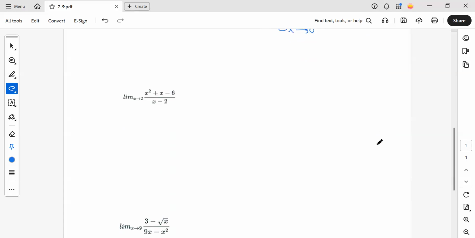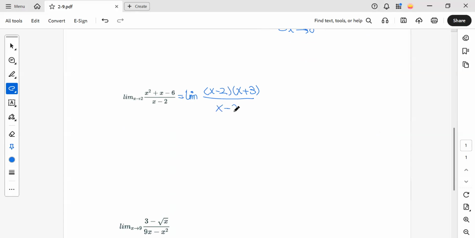Next one is this quotient, and we would use factoring. We would write the top as x minus 2 times x plus 3, because whenever you multiply these two, you would get x squared plus x minus 6.